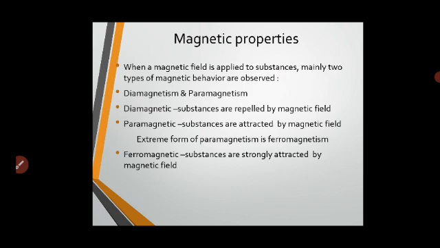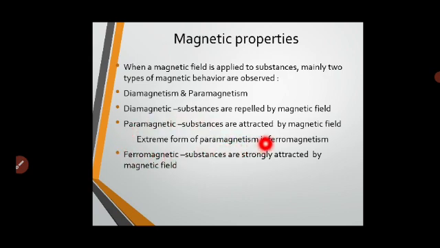And the one which does not contain any unpaired electrons, meaning all the electrons are paired, is repelled by the magnetic field. Such substances are called diamagnetic. So there are two types of behavior shown by d block elements: diamagnetic, where substances are repelled by the magnetic field, whereas paramagnetic substances are attracted by the magnetic field.